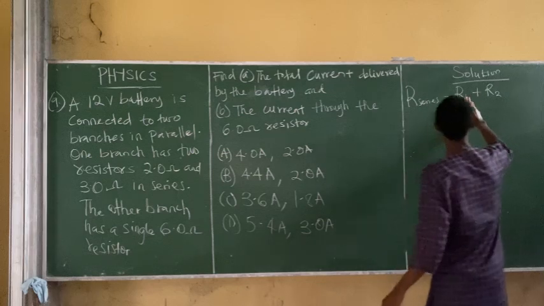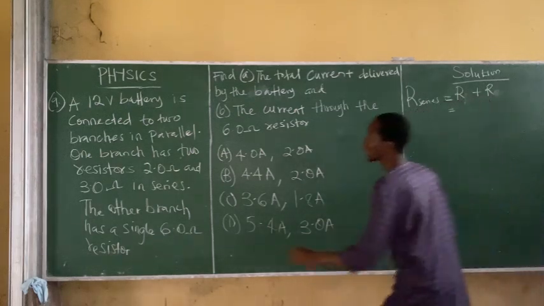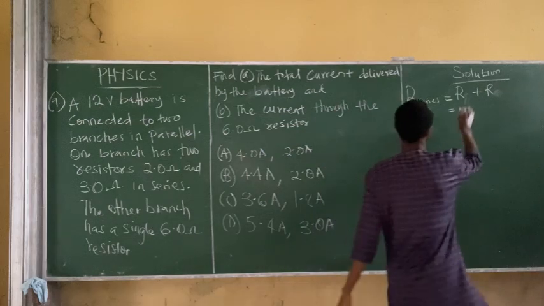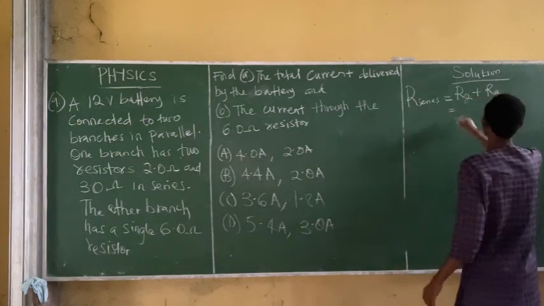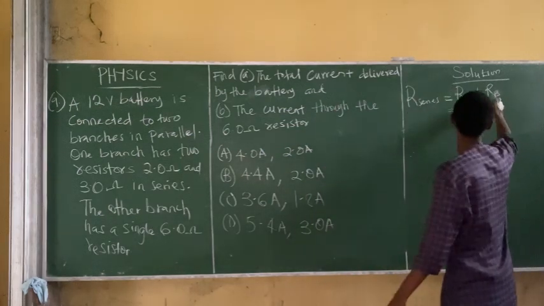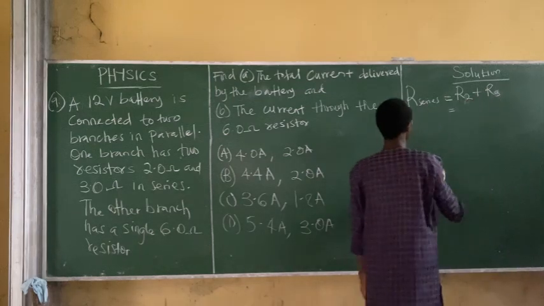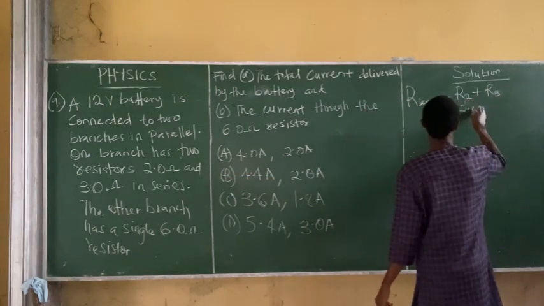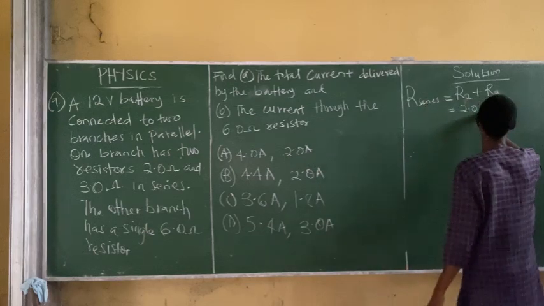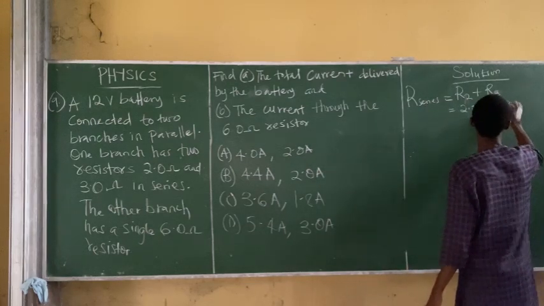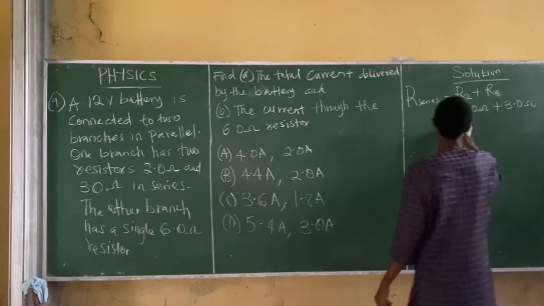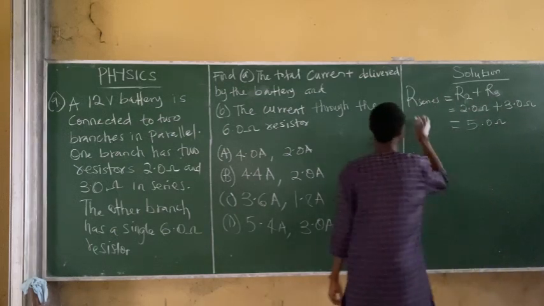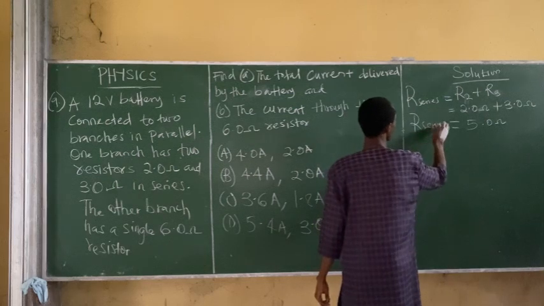Or better say, let's use the values attached to it for better understanding. Let's see R2 and R3. The resistor with 2 ohms and the resistor with 3 ohms. If we add the values together, we have 2.0 ohms plus 3.0 ohms. If you add the both of them together, we have 5.0 ohms. That is our R series.